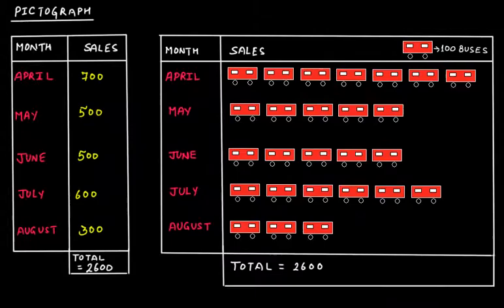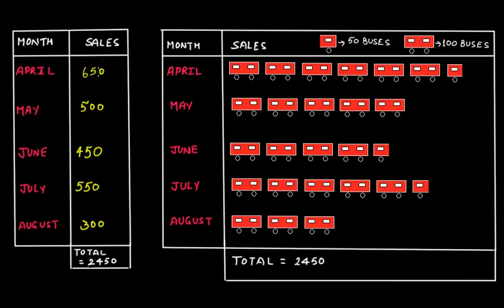So if you have only 1 full bus, in this case it represents 100 buses, and if you have to represent figures like 650, 450, this information should be added, that if you want your half bus to represent 50 count, then that information should be given here.